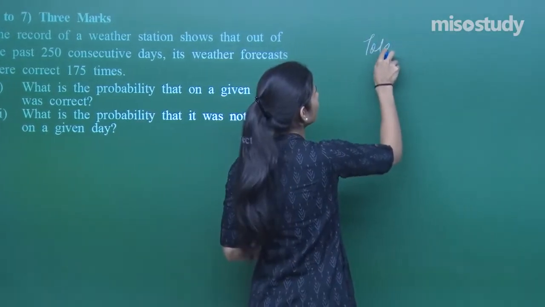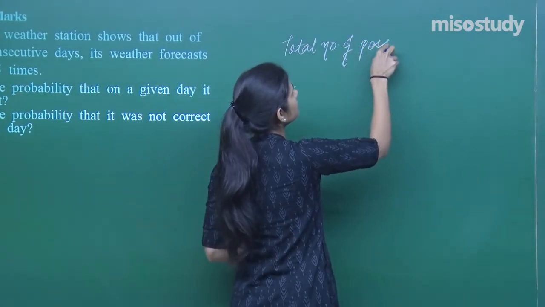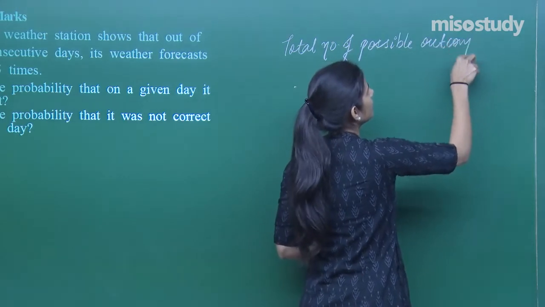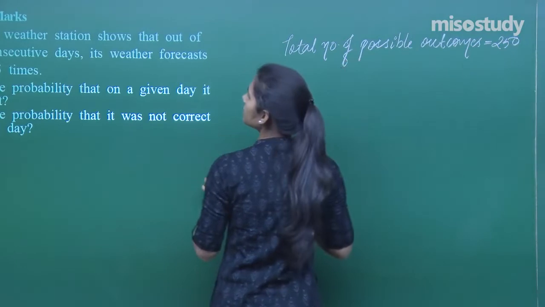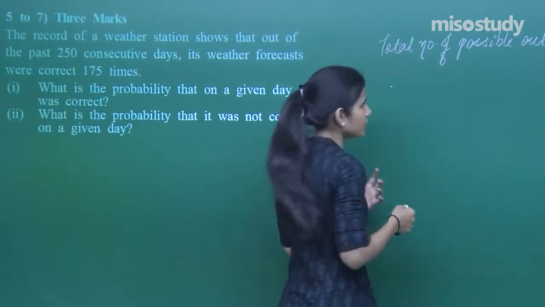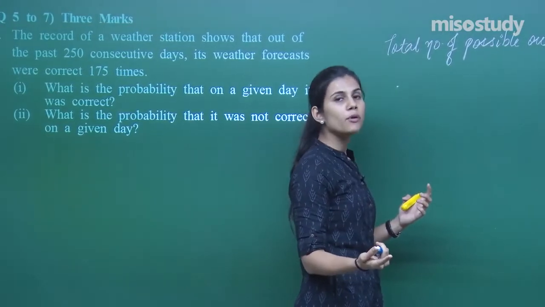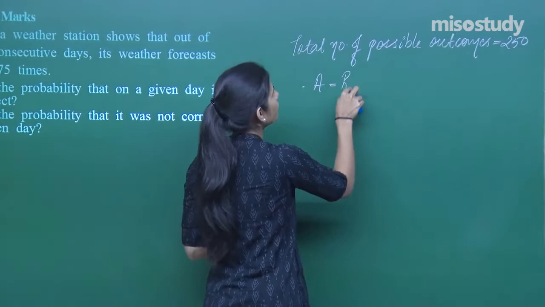So, the total number of possible outcomes is 250. Out of 250 possible outcomes, on 175 days it was correct. That means 175 reports about weather forecasts turned out to be correct. So A is that the report is correct.